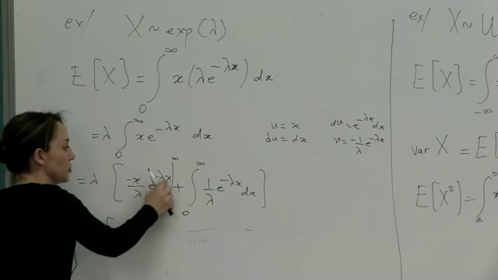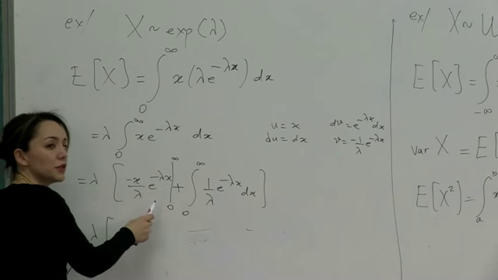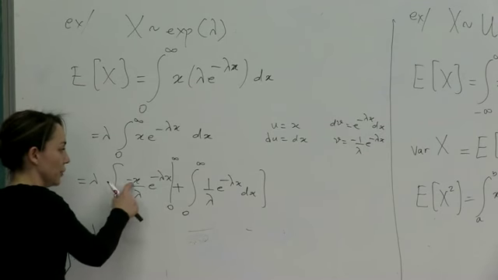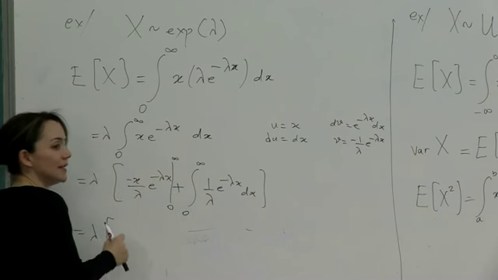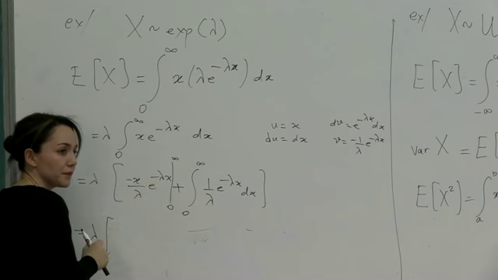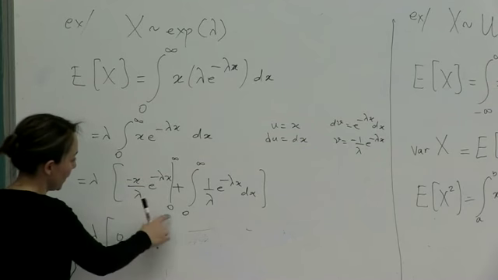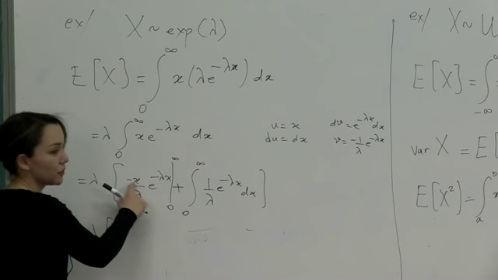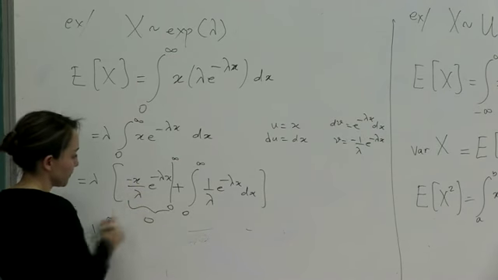This is an exponential term that decays with x. The exponential decays much faster than any polynomial for any power of x here. So this term at infinity is 0 whenever lambda is positive. Okay? So this is 0 at infinity, and what happens at 0? At 0 it's 0 because of this term. So it's 0 overall.